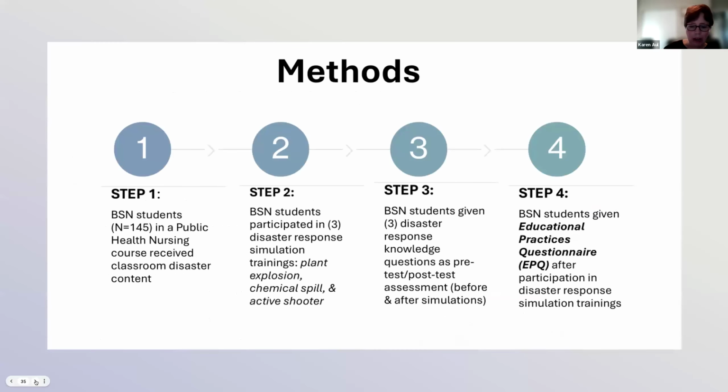So in looking at the methods of how we progressed with this study, step 1, we had our sample size: 145 BSN students in a public health nursing course who first received the content in class on disaster. The second step was taking that content and seeing if they could apply it to the simulation scenarios.